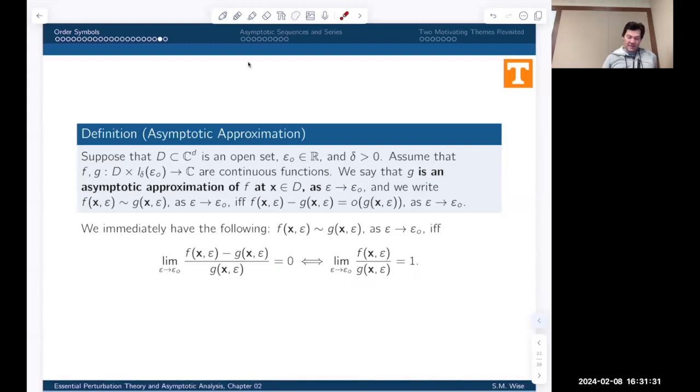So basically what we're saying is, if F is asymptotic to G or G is asymptotic to F, you can read it however you want, then the limit as epsilon goes to epsilon naught is 1. So basically these guys are pretty similar functions as epsilon goes to epsilon naught. At least their point values at X have to agree.